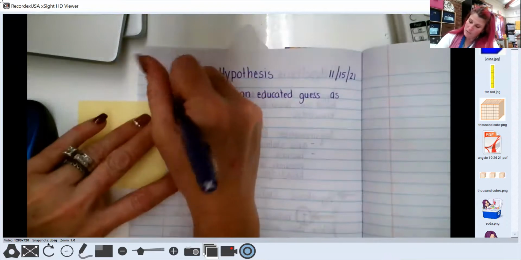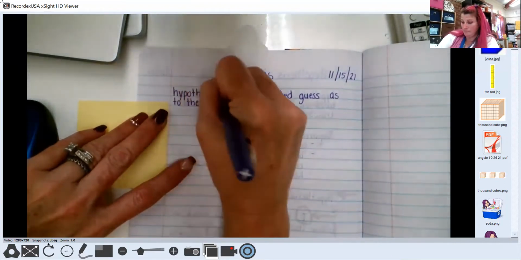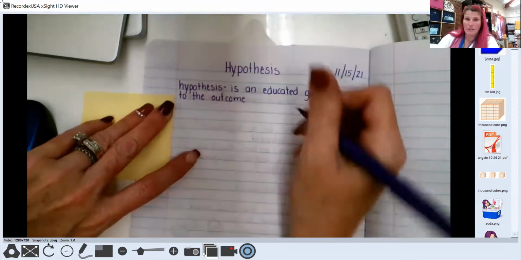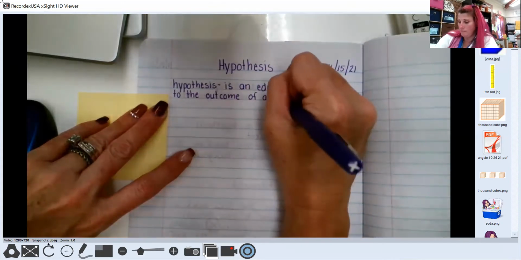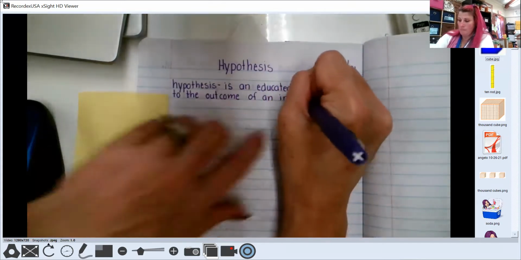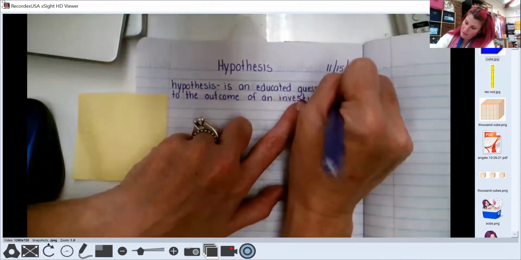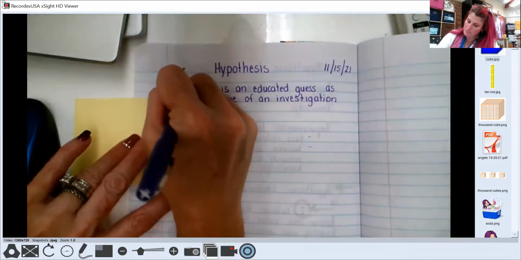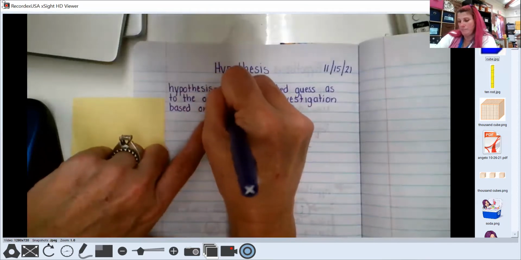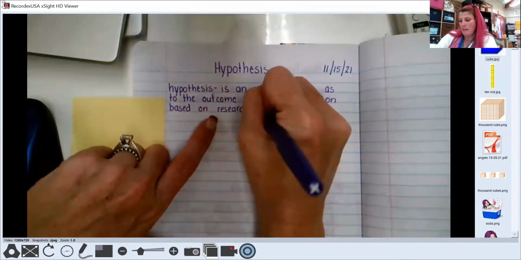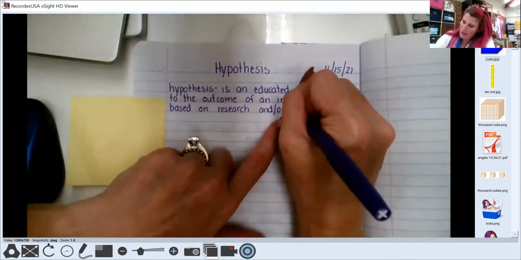As to the outcome of an investigation based on research and/or background knowledge.